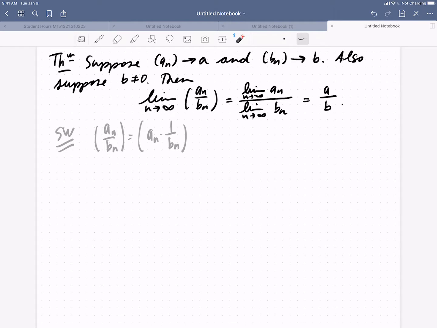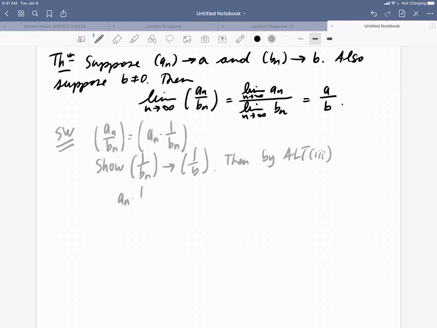And now if I can show the reciprocal of our B_n converges to 1 over B, then we're done. We can use part C of the algebraic limit theorem to conclude part D. So if I can show 1 over B_n converges to 1 over B, then by the algebraic limit theorem, part 3, the part about the limit of the product being the product of the limits, A_n times 1 over B_n will converge to A times 1 over B, which is A over B. That's how we'll get the result.